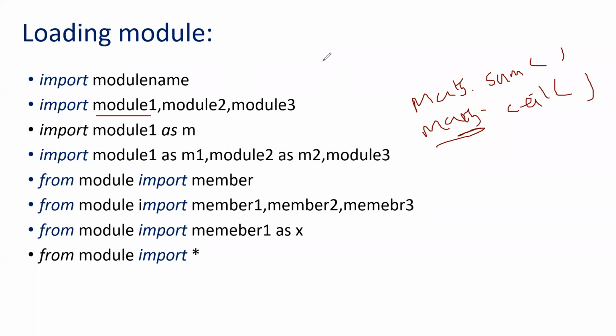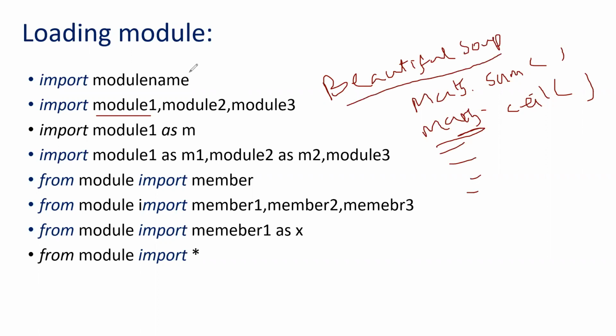There are some libraries like Beautiful Soup, which is for web scraping. This is lengthy, and again I need to write Beautiful Soup. For example, pandas is a six-letter word. I don't want to type the entire thing; this is a waste of time. Instead of that, I am going to give an aliasing name, using the keyword as.